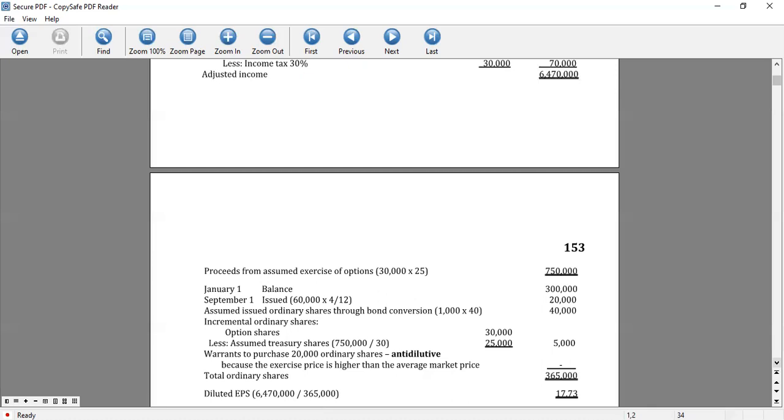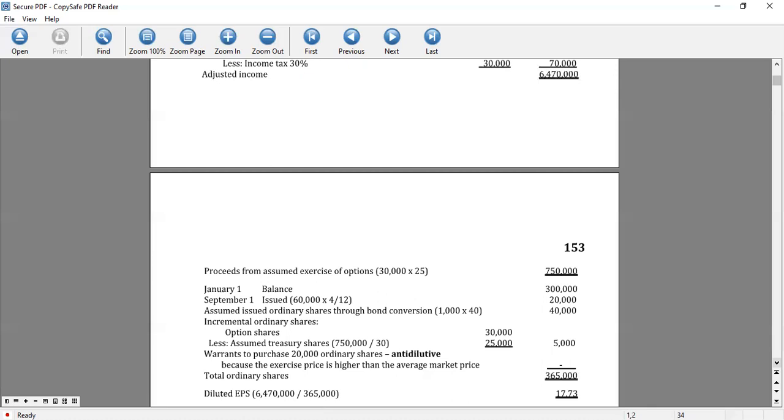6,470,000. That's the amount of net income as given. Net income for the year ended December 31 was 6 million 700,000.